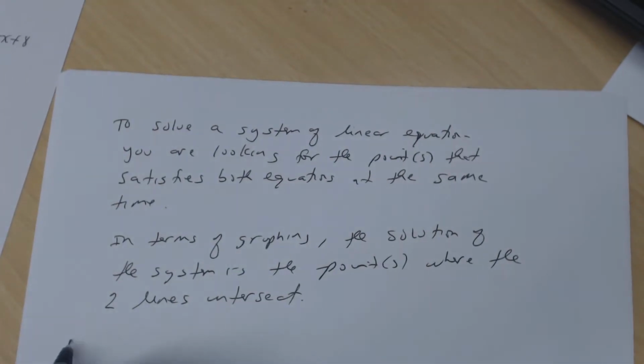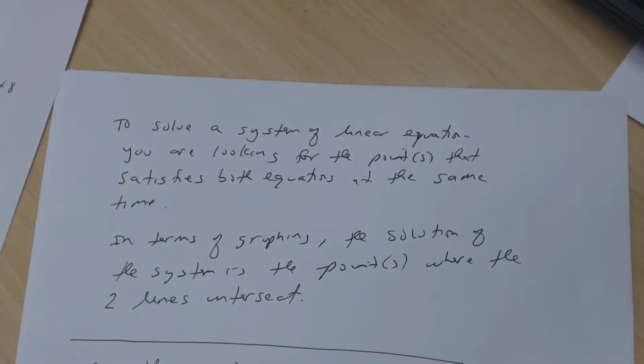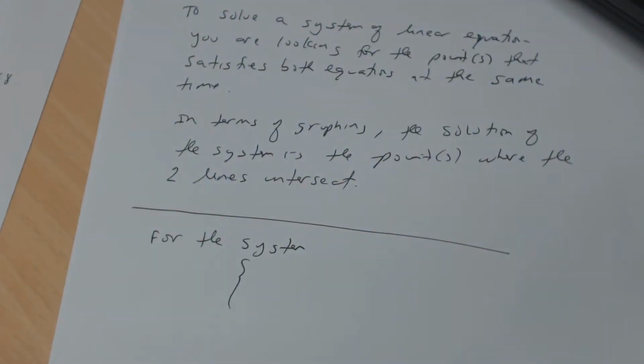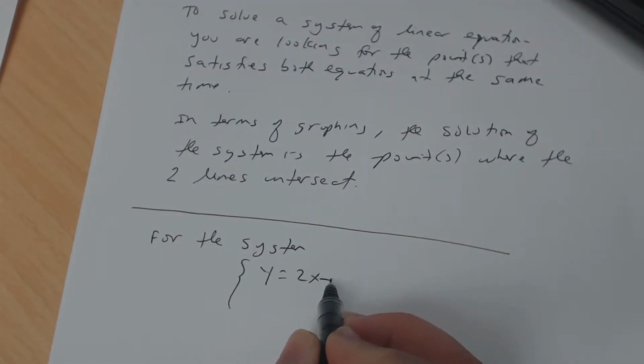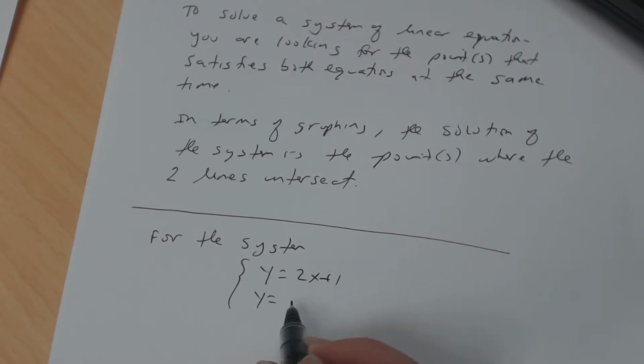Okay? Now, you can always check. So, for this particular system we're talking about, the system was y equals 2x plus 1, and then y equals negative 3 halves x plus 8.